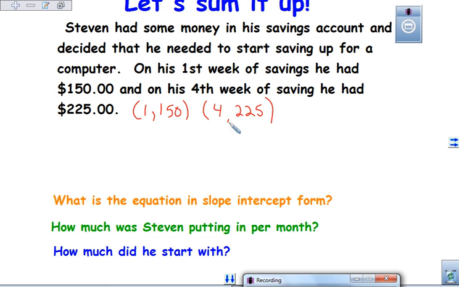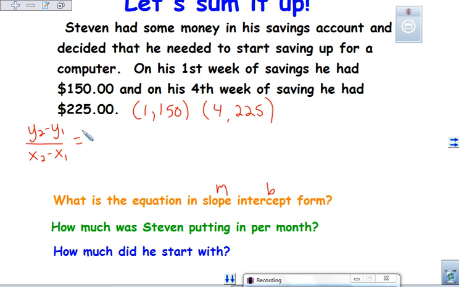Well, if I'm given 2 points and I have to write an equation, I know I need an m and a b value. Given 2 points, I can calculate the slope. The formula for slope, if you remember, is y2 minus y1 over x2 minus x1, which is rise over run. So we're going to do our y values first.